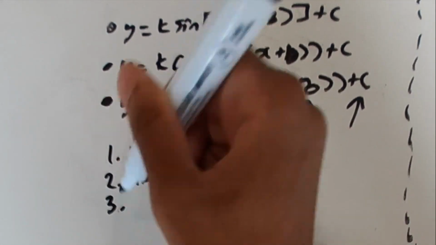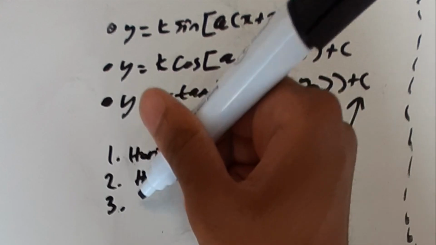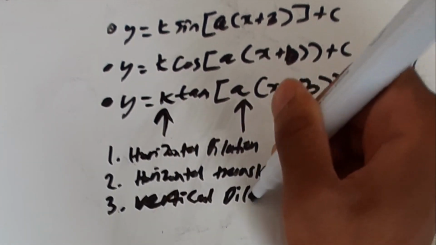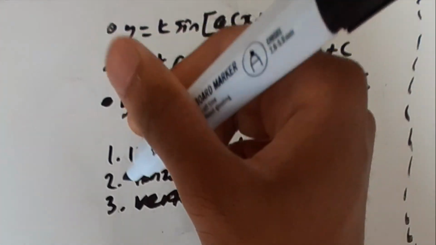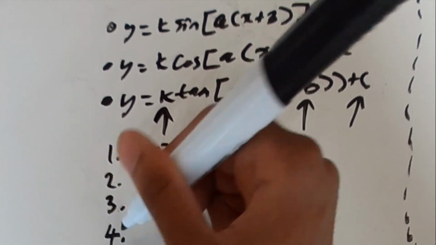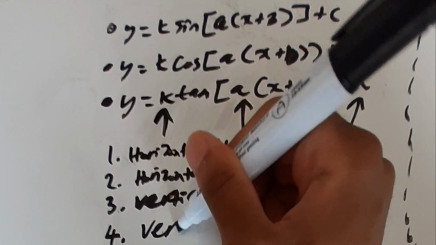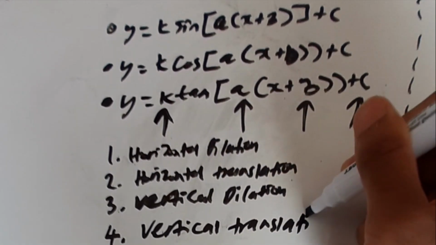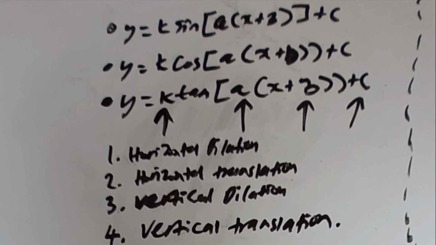This is followed by the vertical dilation, and finally the vertical translation. Let's now put what we have learned into practice with an example.